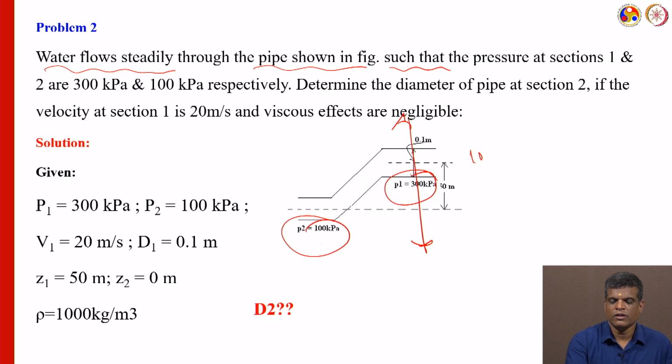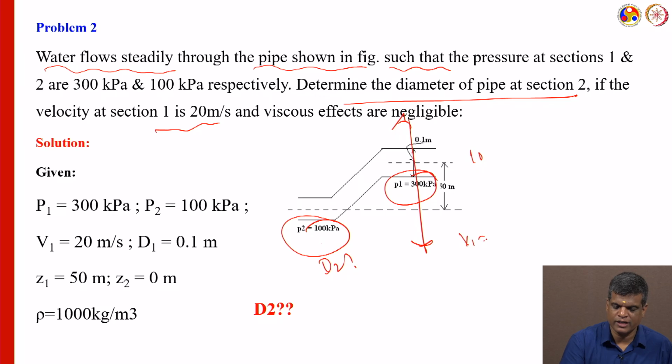Determine the diameter of pipe section 2. They are asking what the D2 value is, but D1 is here, and the velocity V1 is also there, 20 meter per second. The viscous effects are negligible.